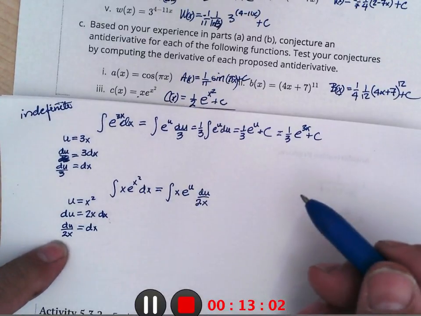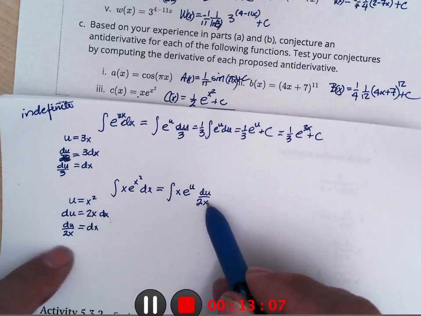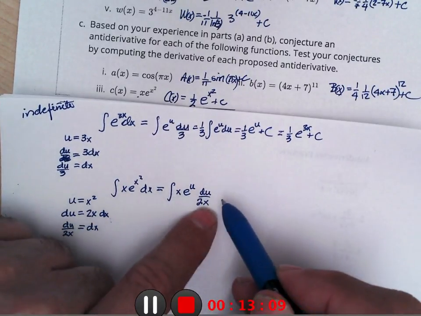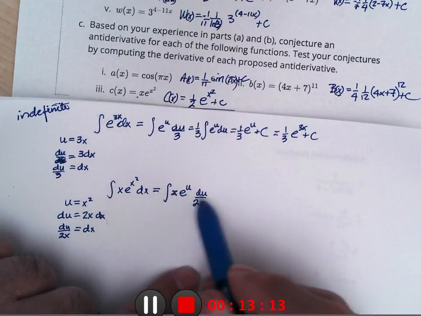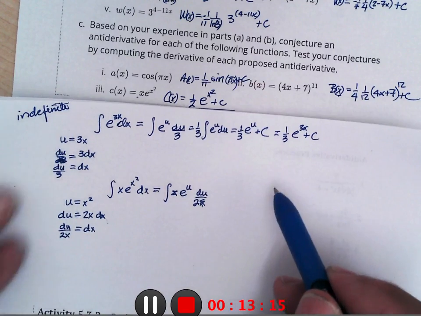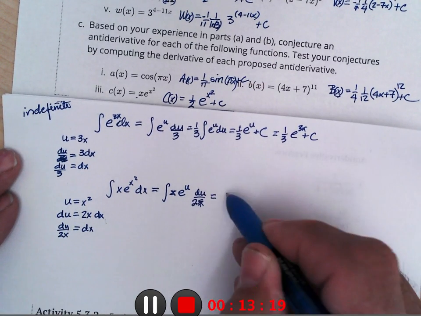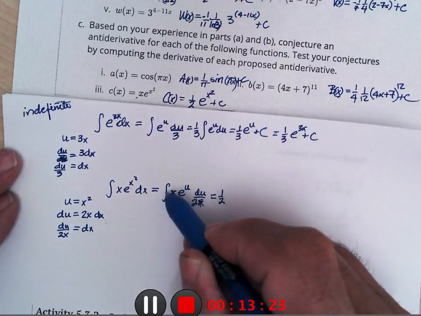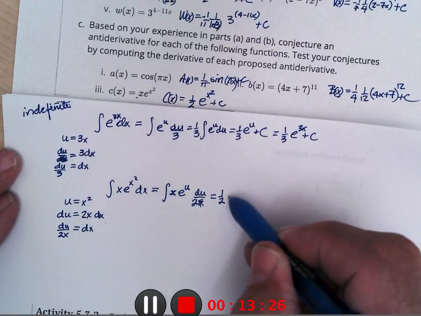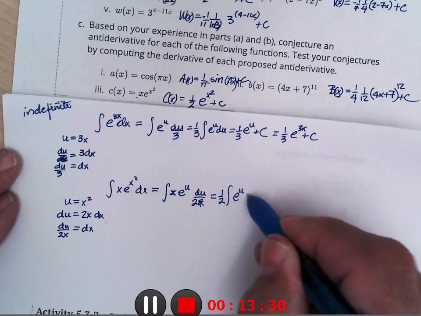And because there's an x in the derivative, it shows up here, and it'll cancel that x. And now I have a pretty simple integral to do. I've got 1 over 2, which is a half, which I can pull out of the antiderivative. And so I've just got the antiderivative of e to the u du, simple one.